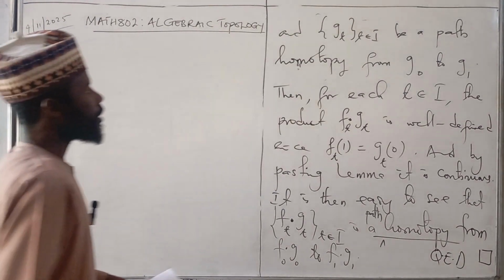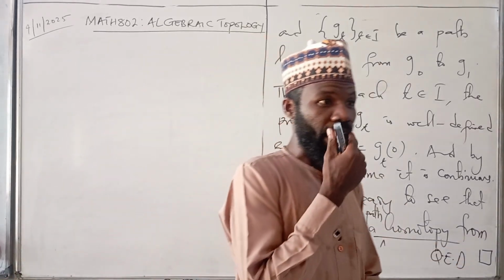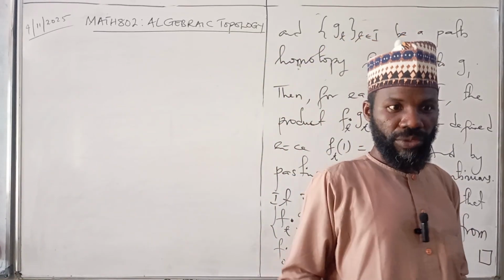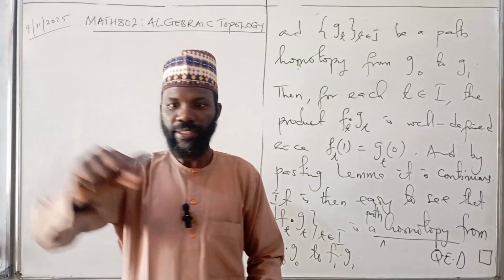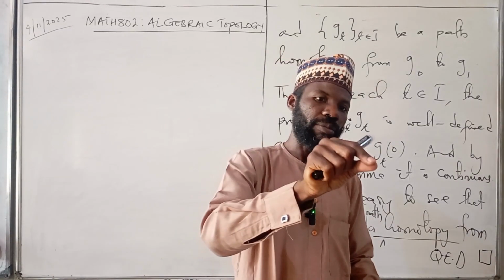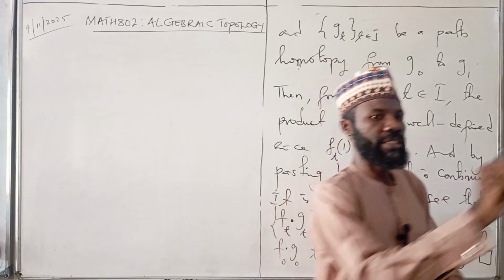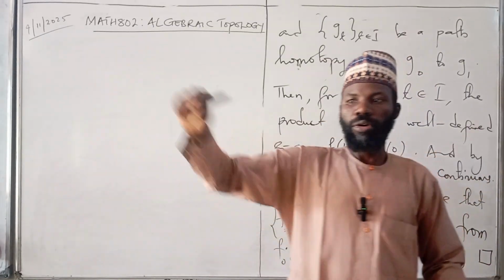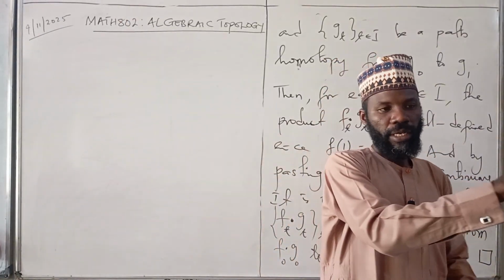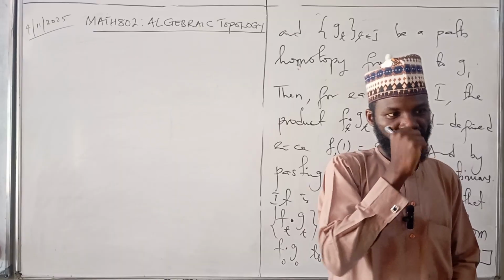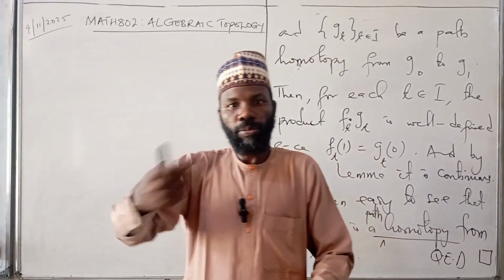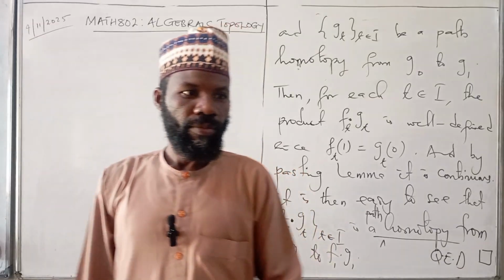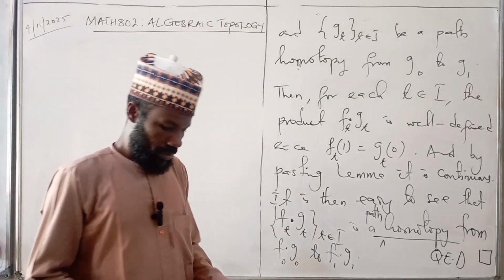So we have now found a way of multiplying paths together to produce another path. If you have a path like this, and from the terminal point of this path another path starts, you can combine the two paths together and have a new path. So you just run over the two paths with double speed to arrive there.